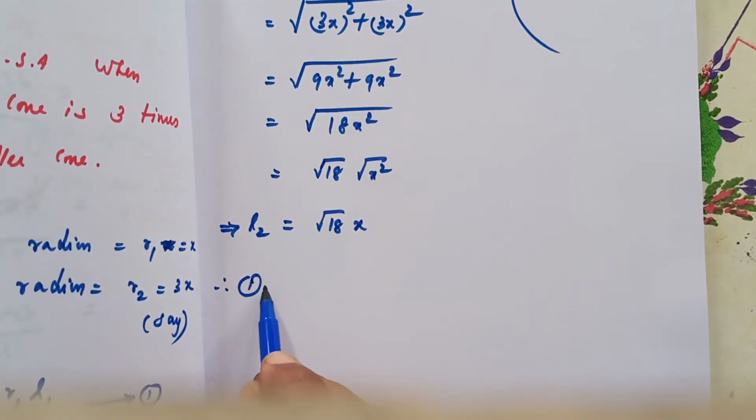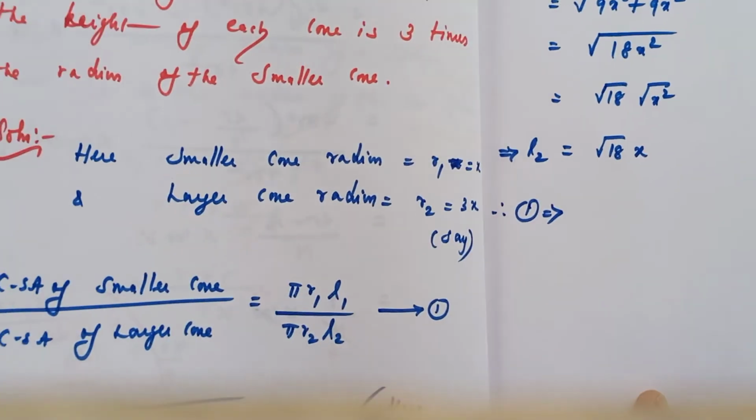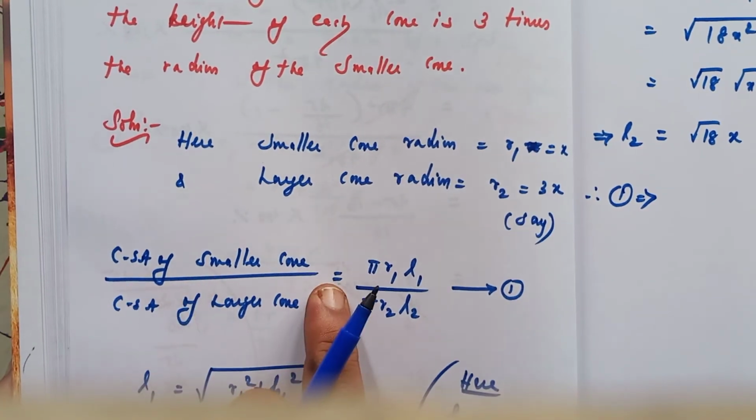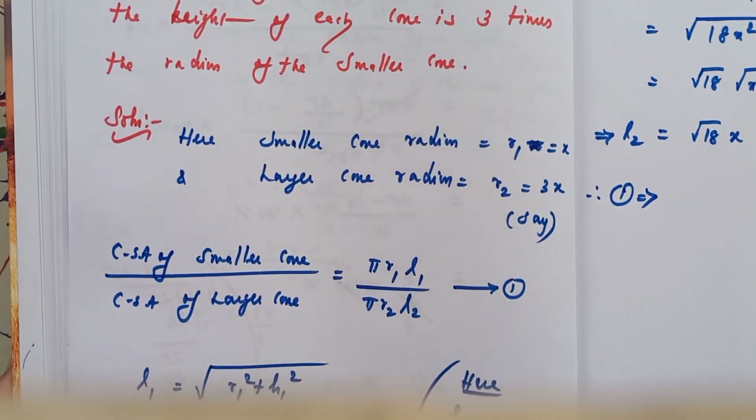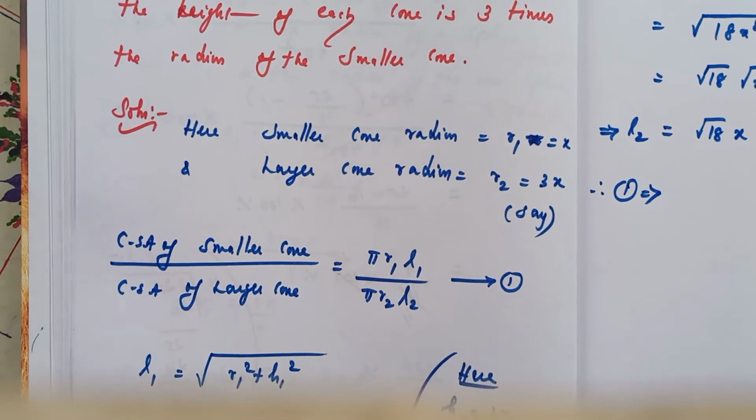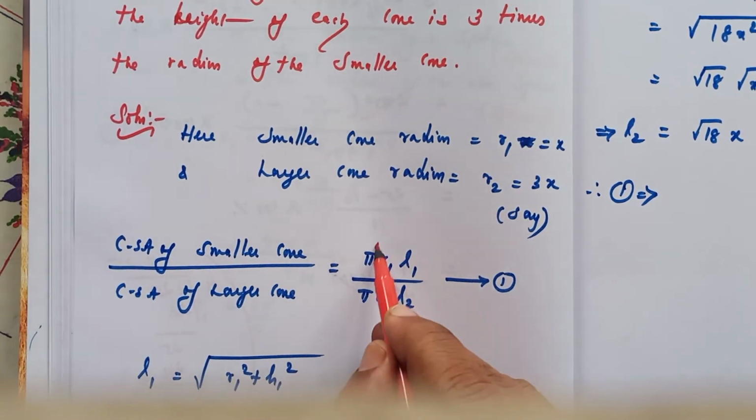Therefore, from equation 1, CSA of smaller cone divided by CSA of larger cone. Before that, you can cancel that pi.